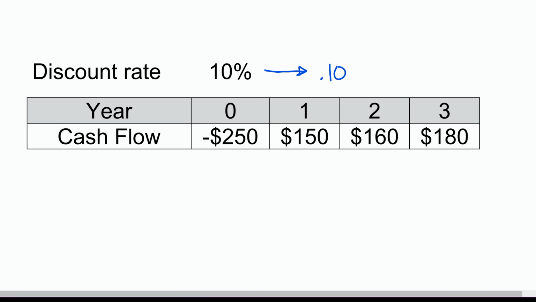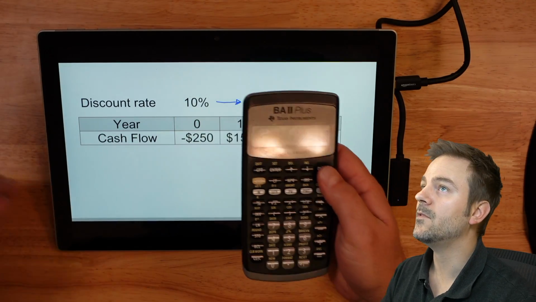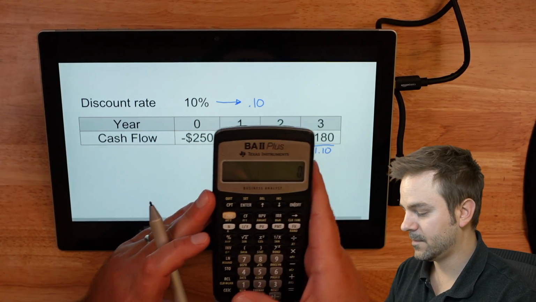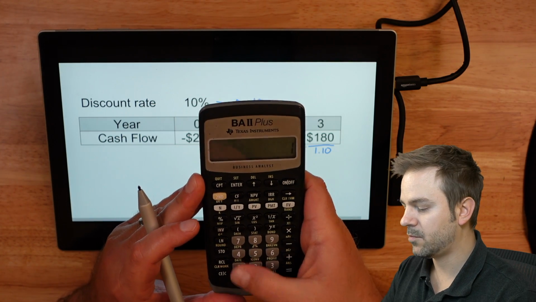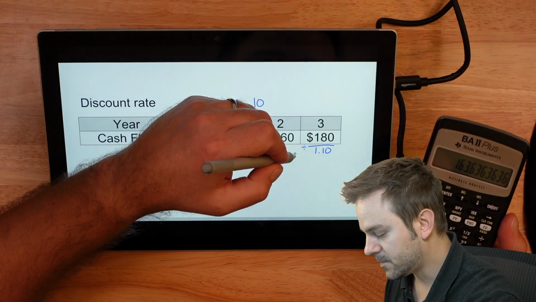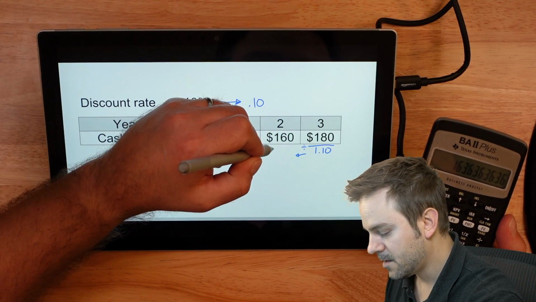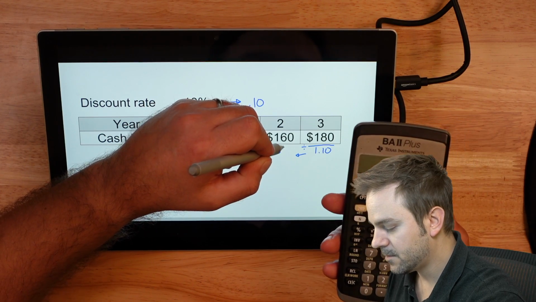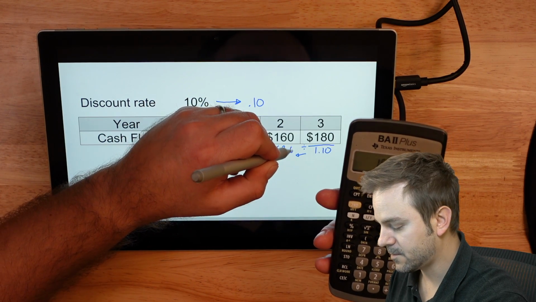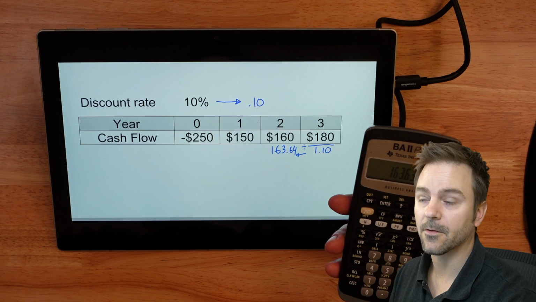And we're going to go over here to the end of our timeline, this 180, and we're going to divide everything by 1.10. So this is going to be a division right over here. Okay, so when you divide 180 by 1.1, it ends up becoming this number right here, I'm going to put it right over here, 163.64, just like that, okay?